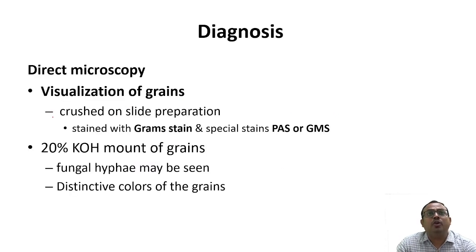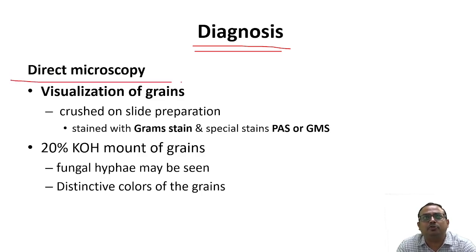Okay, so let's see how we diagnose it, because the other two options, as per the diagnosis, mention the presence of lymphocytes. For diagnosis there are different modalities available, of which direct microscopy is one.